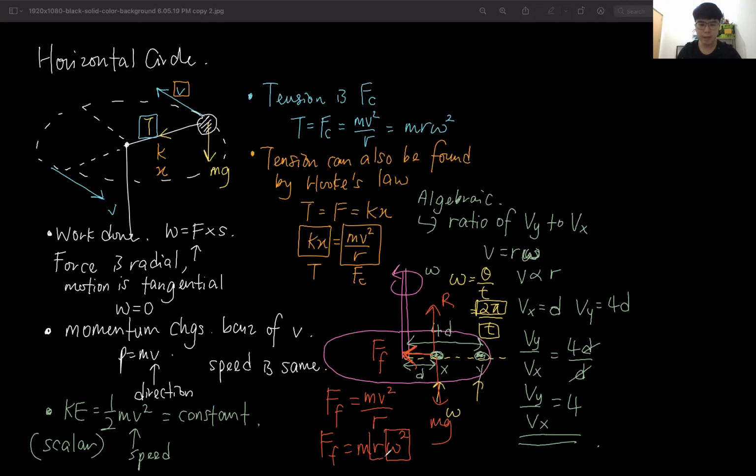So the greater the radius, the greater the frictional force. The more friction you are going to need to sustain in this circle. Between the surface of these two objects, of course, there's this maximum friction allowed, right? So if you go above this maximum friction, then the object will be thrown off.